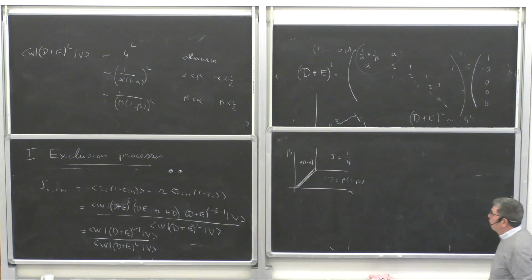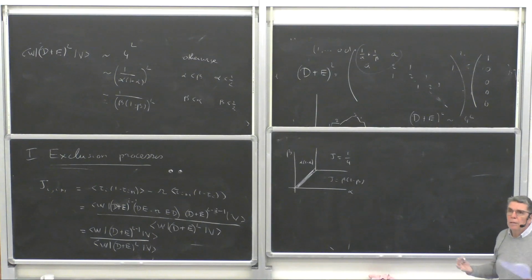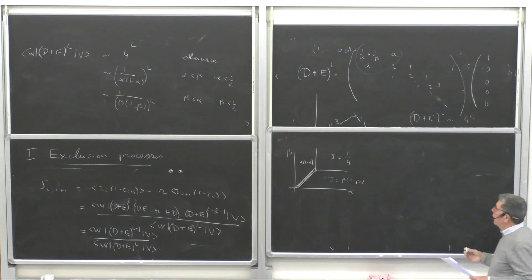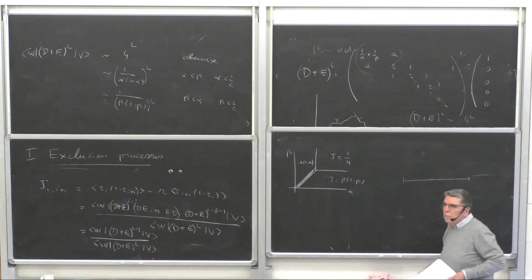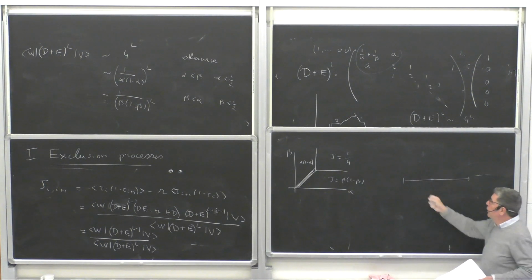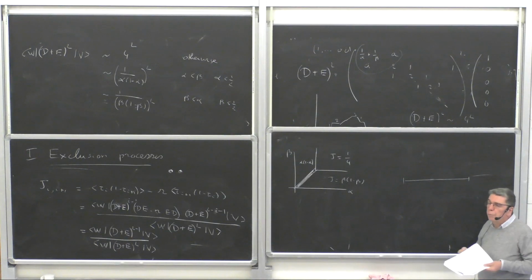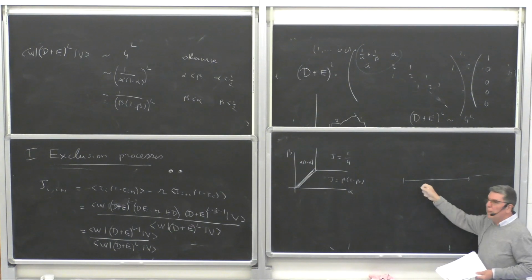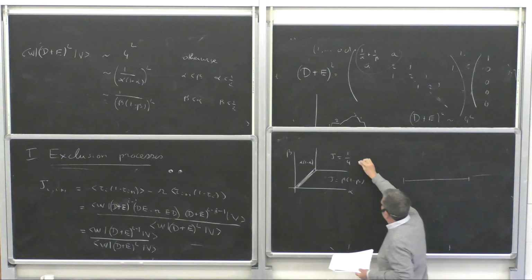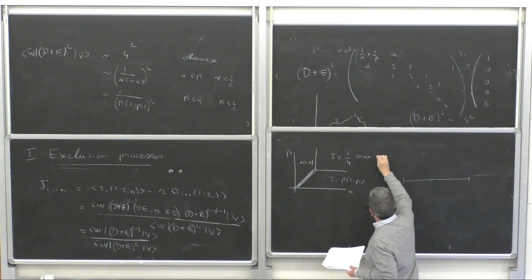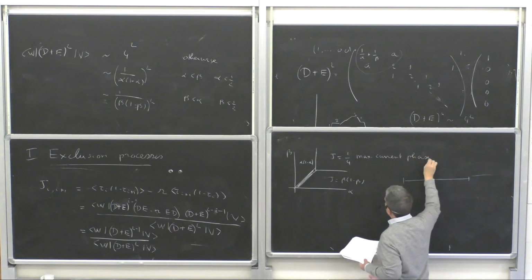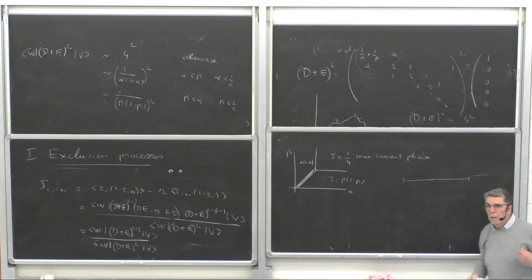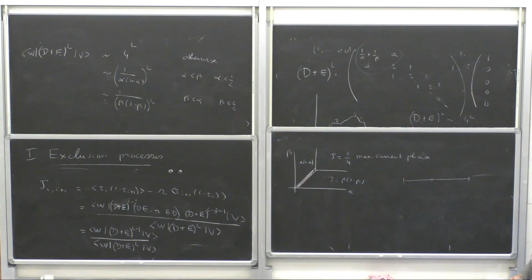Physically, if you want some intuition, you have this one-dimensional system. The current through the system depends on, you see, you cannot flow too much through a one-dimensional system. So this is what's called the maximal current phase. For all these exclusion processes, you cannot, in the steady state, have a current larger than 1/4.